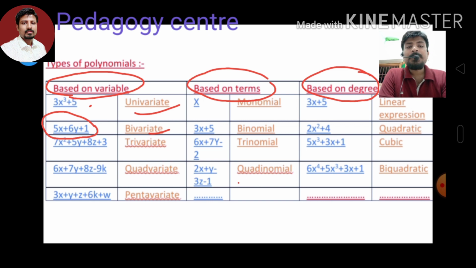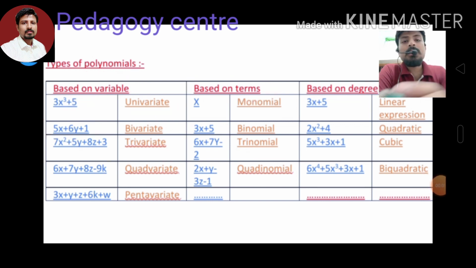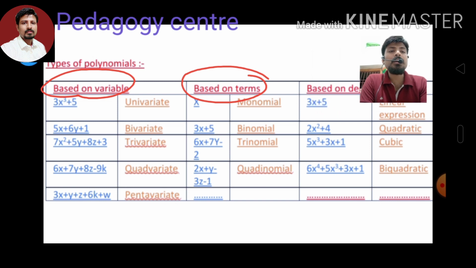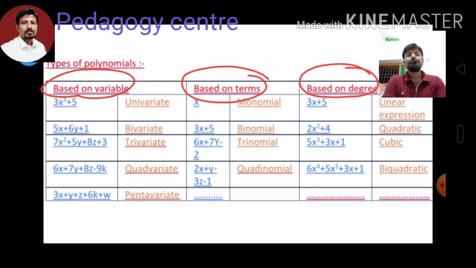So it is a bivariate expression. Now we will learn the types of polynomials. The types of polynomials are defined on many parameters such as based on variables, based on terms, as well as based on degree. Based on variables, any expression which contains only one variable is called univariate. For example, 3x cube plus 5 contains only one variable x, so it is a univariate expression.